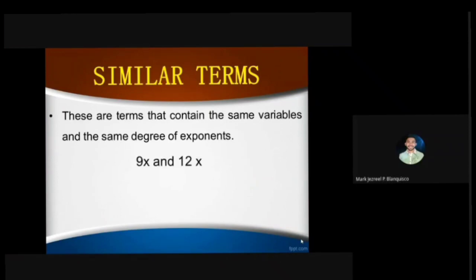Examples, we have 9x and 12x. Negative 10x cubed and 21x cubed. As you can notice, the variable for example number 1 is x, and for example number 2 we have x cubed. So, those are examples of similar terms.